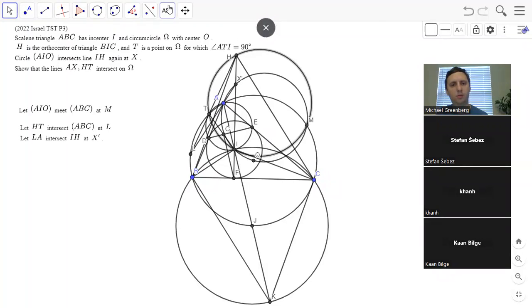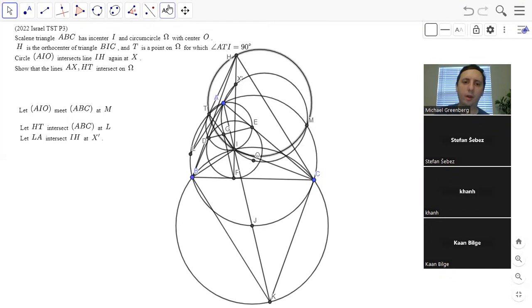So we have angle AMI is angle, I'm sorry, angle X prime IM is angle HTM is 180 minus angle LTM, which is 180 minus LAM, which is also X prime AM.